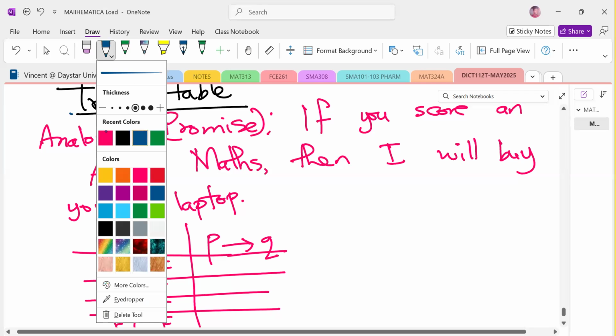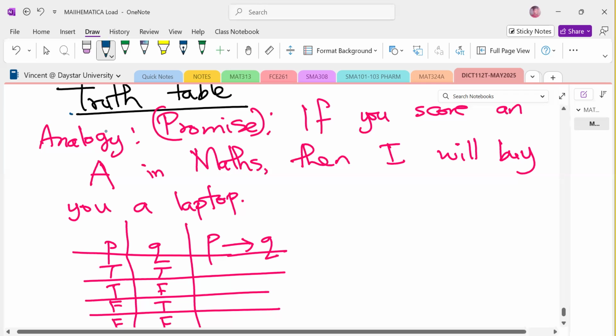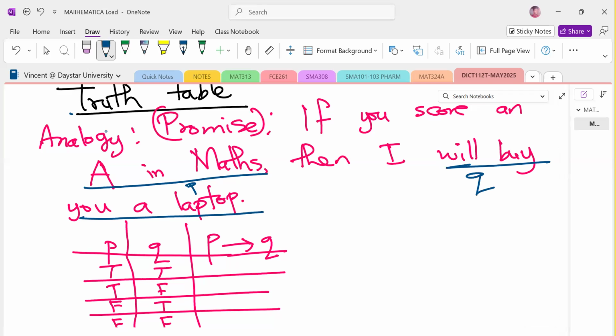So there are two things here. One is about the score in mathematics, which will be the statement P, and the other one is being given or bought a laptop, which is statement Q. So this is how we interpret the table here. When I have T under P, we mean that you have scored an A in math.